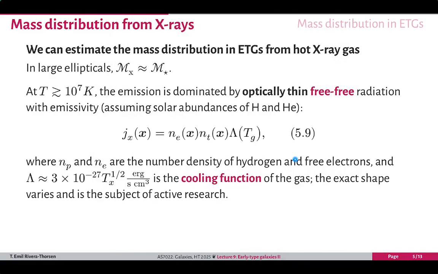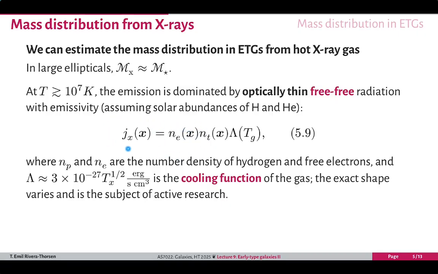This free-free emission is called Bremsstrahlung, from German, which means braking radiation. And I guess you have all seen it in optical light from a synchrotron, as I believe I have talked about before. But at the temperatures of this gas, 10 to the 7 Kelvin or more, this is dominated by X-rays. And it has an emissivity that is given by a known function, right? Where here is the number density of electrons at a given point.